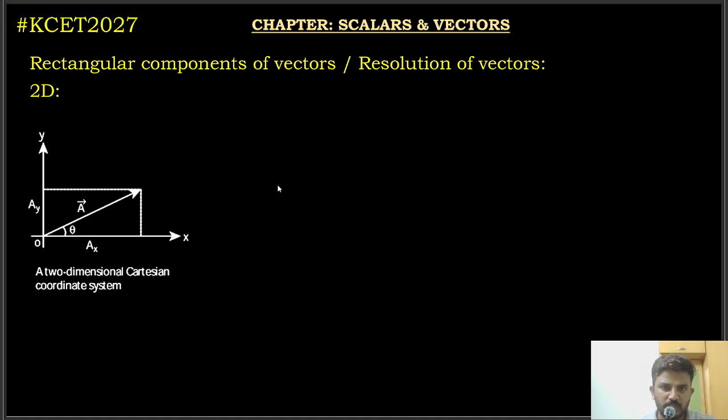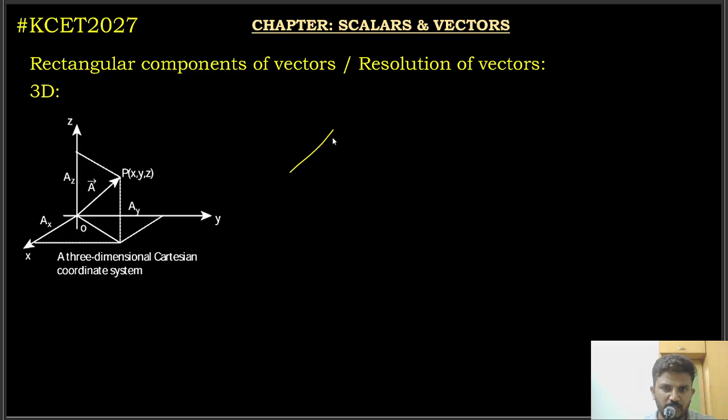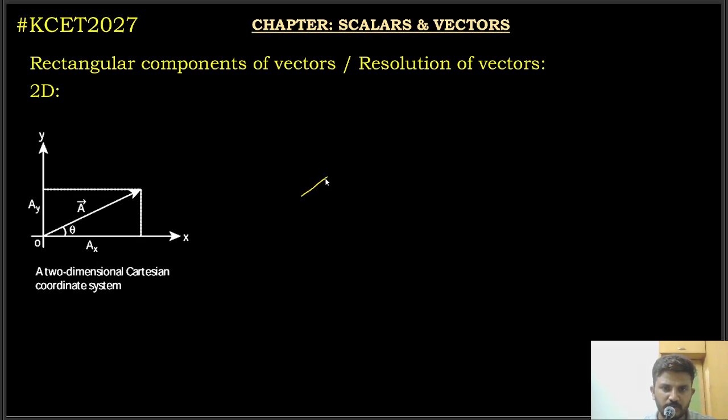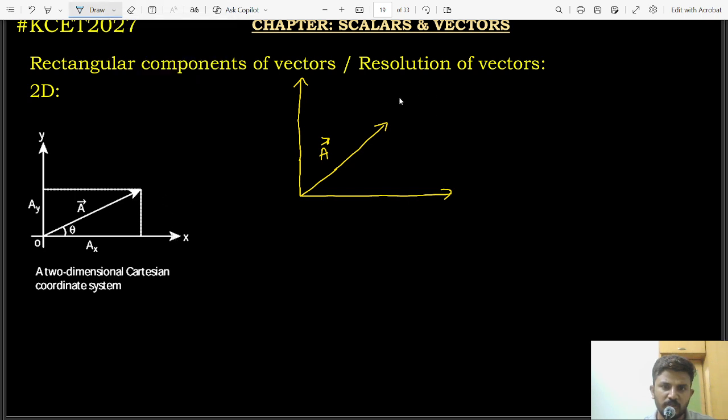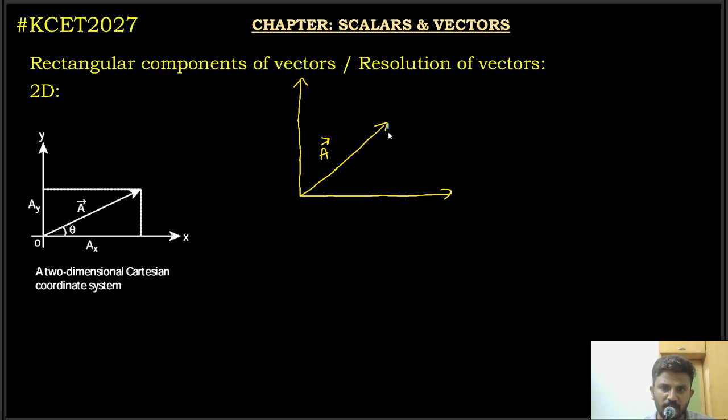Then rectangular components of a vector, or resolution of a vector. So dear students, here we have one vector in a random direction in space. In two dimensions I will take this as vector A. How can we write this vector along the x-axis and along the y-axis? This is the x-axis and we have the y-axis like this. Clear? I need to write the effect of A on the x-axis.